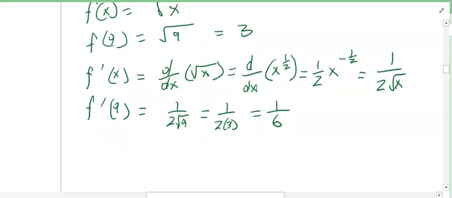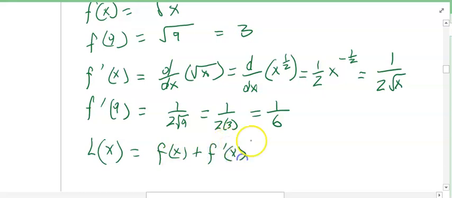Okay? So then we want to find the L of x function. L of x would be f of a plus f prime of a times x minus a.